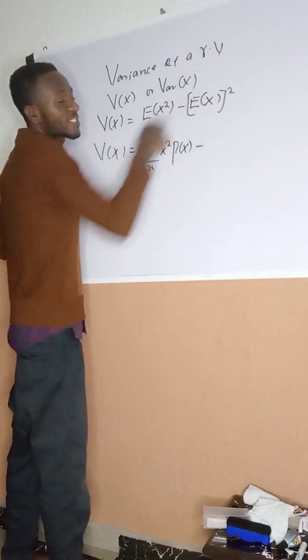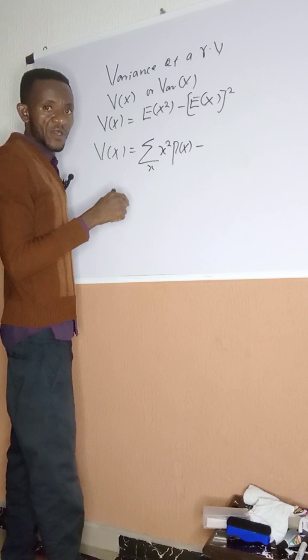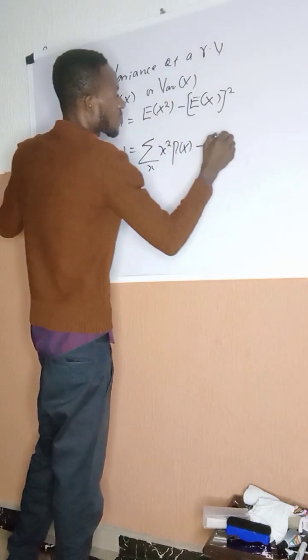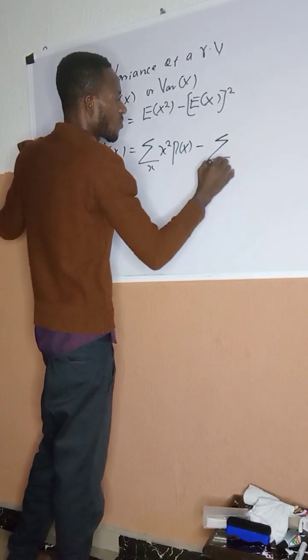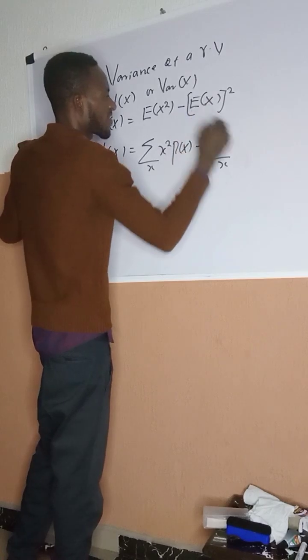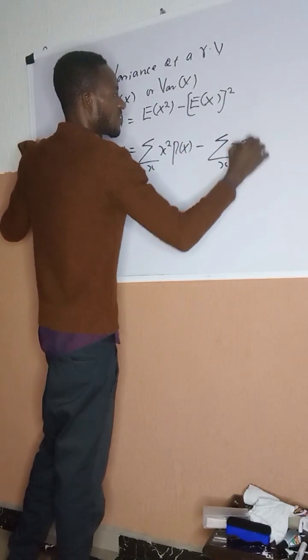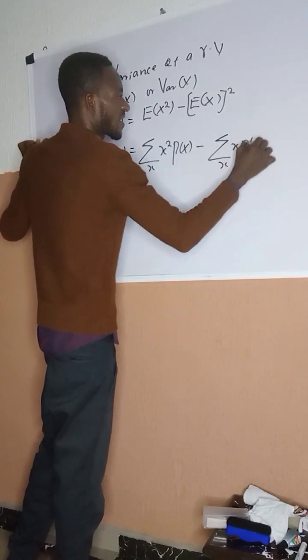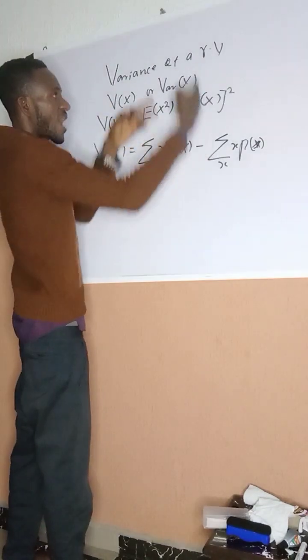Then what I have inside this bracket is E of X. And of course, E of X is expressed as summation over the range of X. What I have here is X P of X. I'll close the brackets. But then these brackets are all squared.